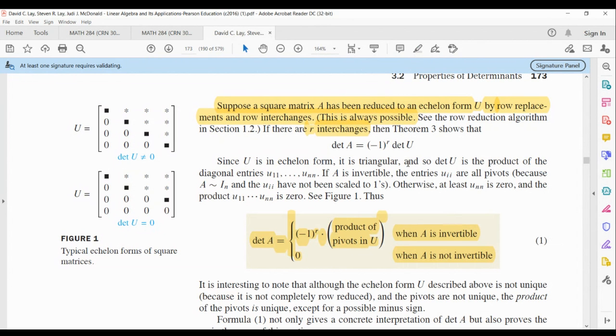Our determinant of A was computed by taking -1 squared, because we used 2 row interchanges, and then just multiplying the product of the pivots in that matrix U.